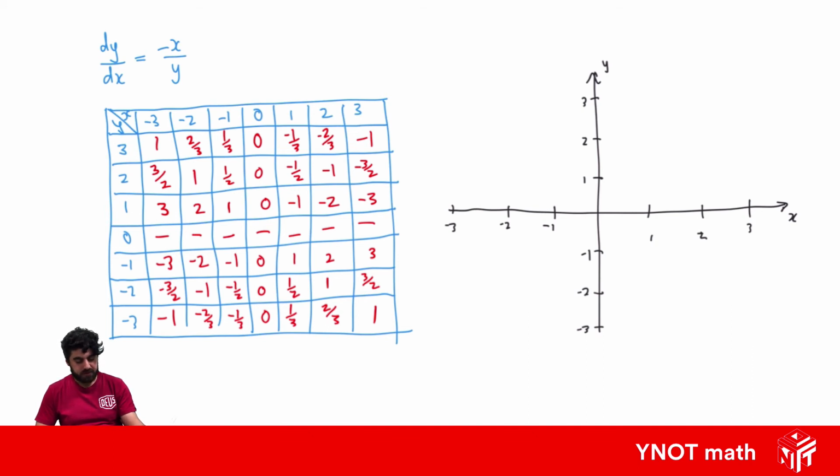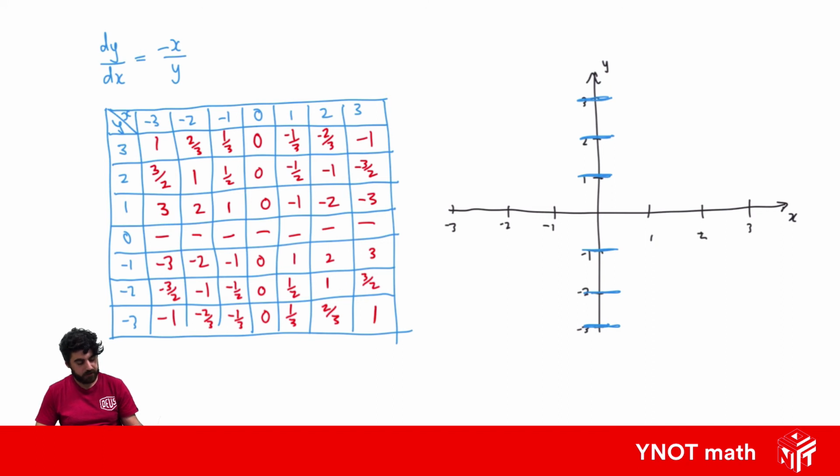So let's map in all our 0 gradients so we can see they all occur on the y-axis at every point. So we've got 0 gradients all along our y-axis except for at the origin where it's undefined. So we're not going to mark in anything there. Now, all of our gradients of 1 occur on this diagonal.